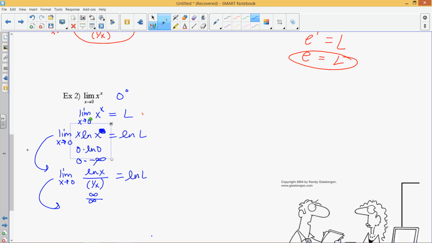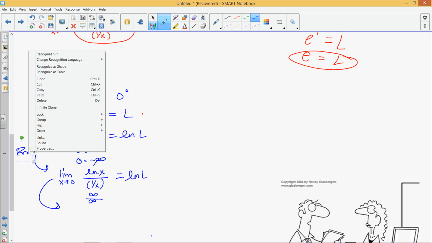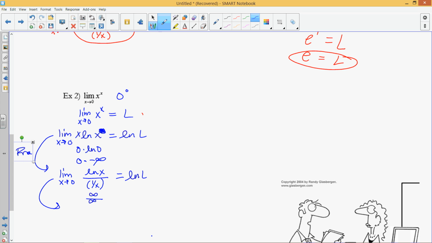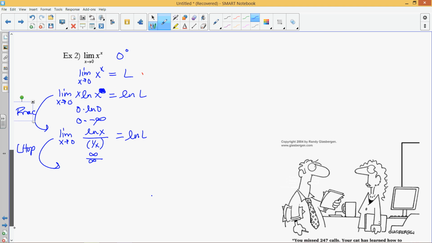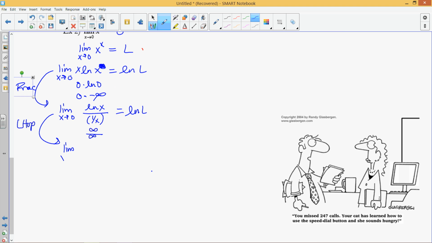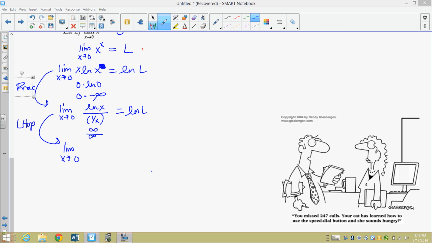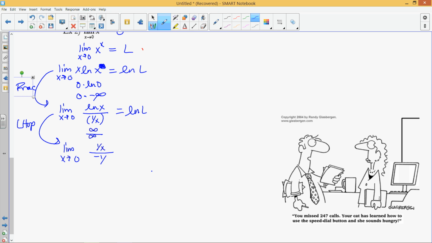Now I can do L'Hopital. Right here I'm about to do L'Hopital. If I do L'Hopital down here, I take the derivative of the numerator and denominator. I get 1 over x for my numerator. I get negative 1 over x squared for my denominator.